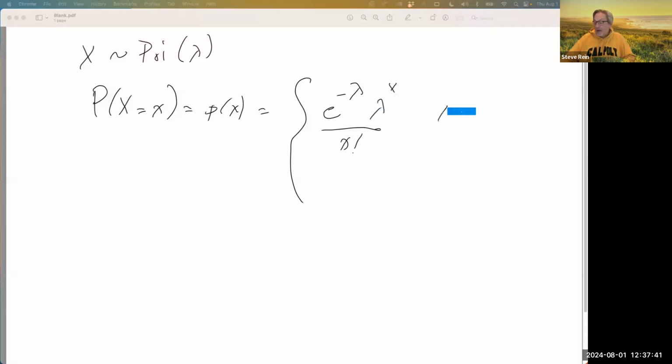So that's for x equals 0, 1, 2, non-negative integers, and 0 elsewhere otherwise.